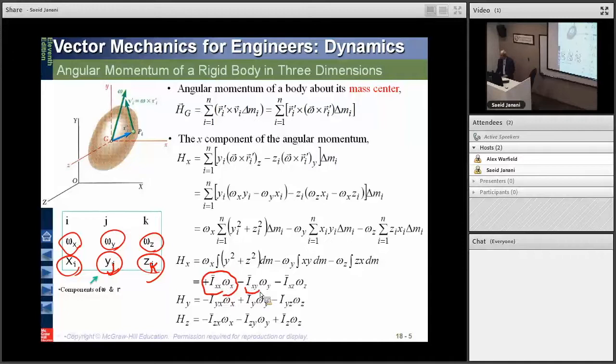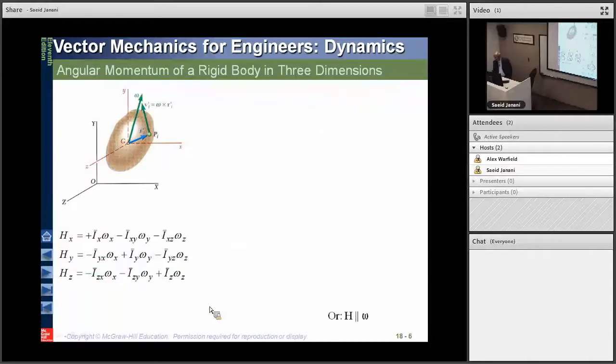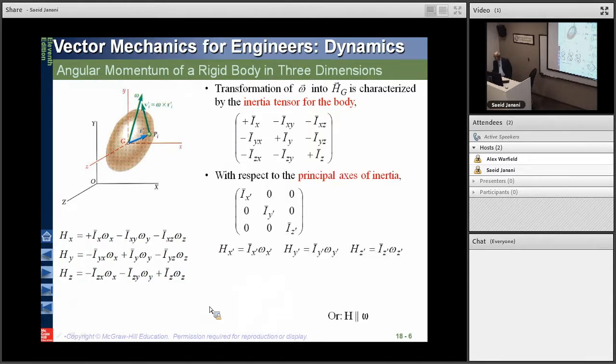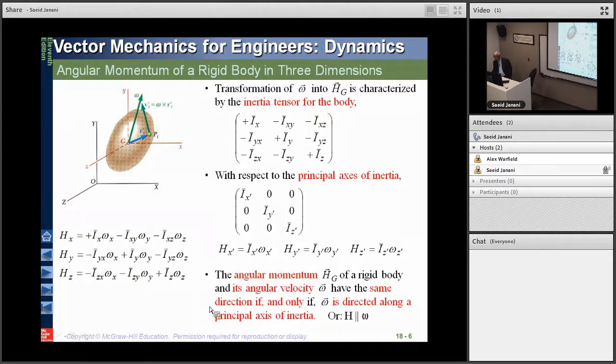Finally, h of x would be equal to I bar xx, where the bar means about point G, the center of mass. So I of xx means moment of inertia with respect to the x-axis times angular velocity about the x-axis, minus moment of inertia xy, again with respect to G, minus I xz times omega z.